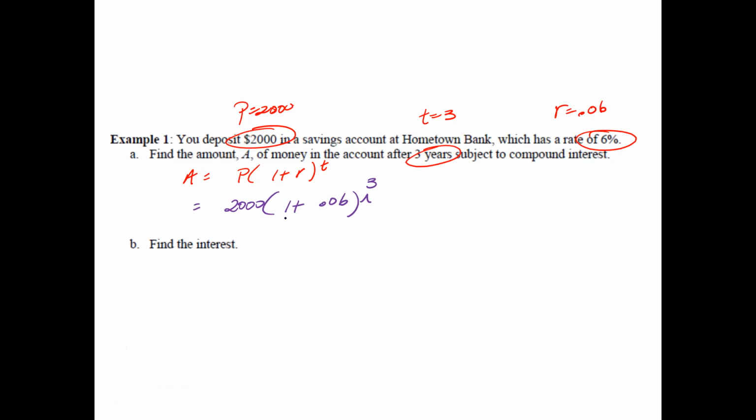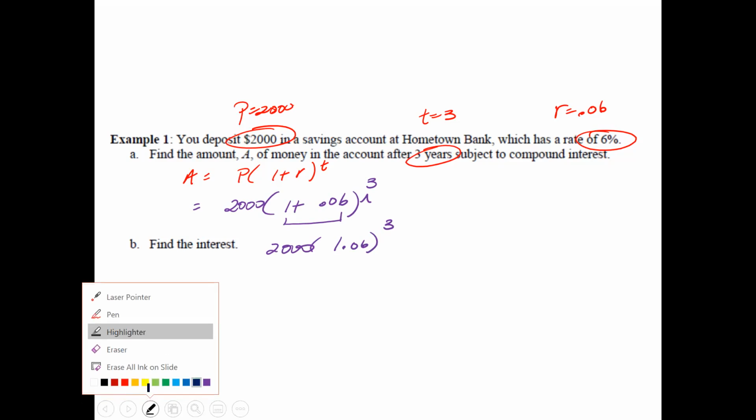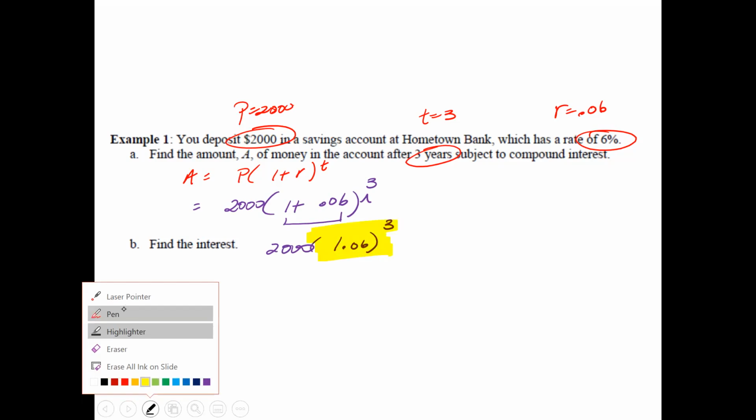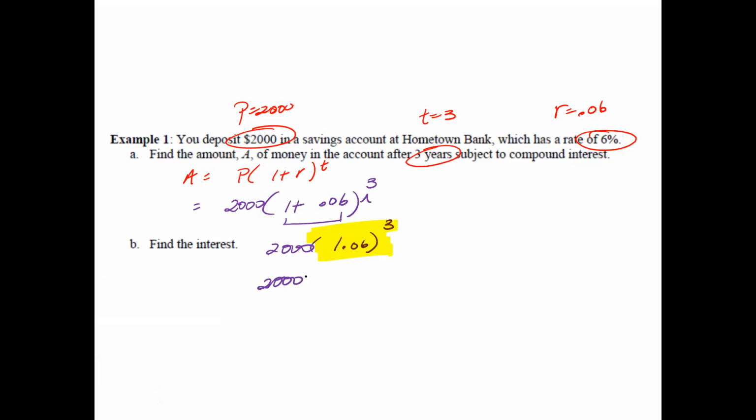So first thing you want to do is you want to go ahead and add these two together. That's 1.06 to the third power. Next, you want to go ahead and do 1.06 times 1.06 times 1.06 because that's how powers work. You just multiply by itself 3 times. So that's going to give you a 1.19.